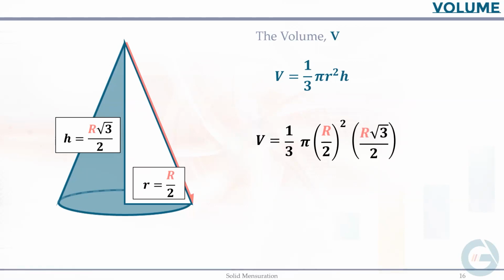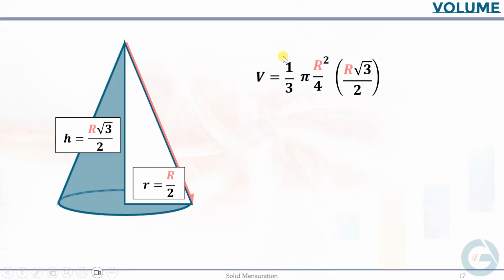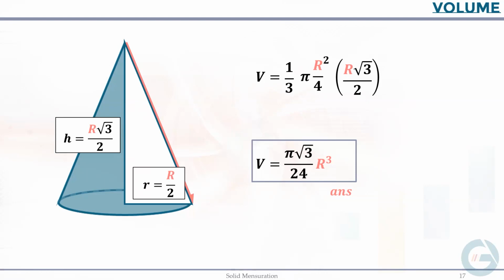So the volume is 1/3 pi, squaring this term gives R squared over 4, times R square root of 3 over 2. So 1/3 times 1/4 times square root of 3 over 2, and R squared times R is R cubed. The final answer for the volume of the cone in terms of the radius of the piece of paper, R, is pi square root of 3 over 24 R cubed.